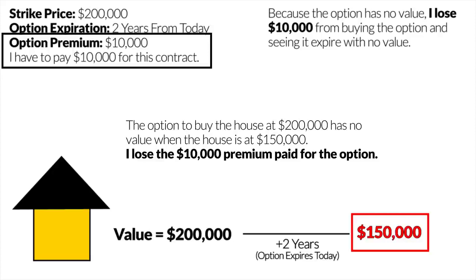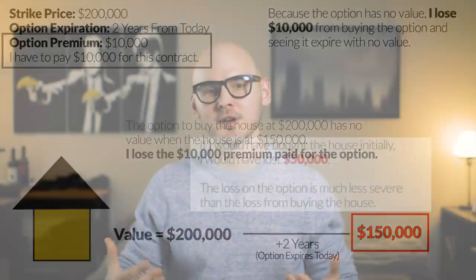But since the current valuation of that house is $150,000, there's no benefit of having my call option, because my call option gives me the right to buy the house $50,000 higher than the current market price of the house. And obviously, I don't even need the option to do that.